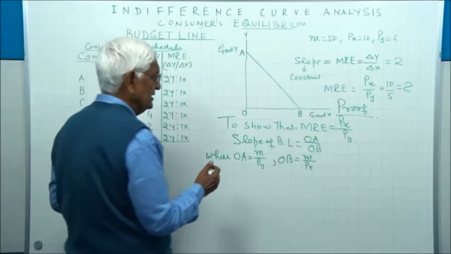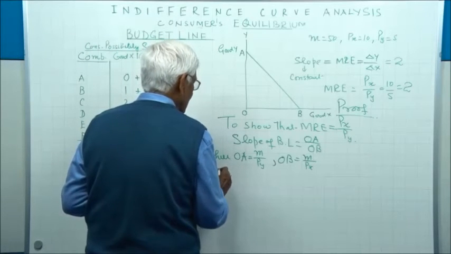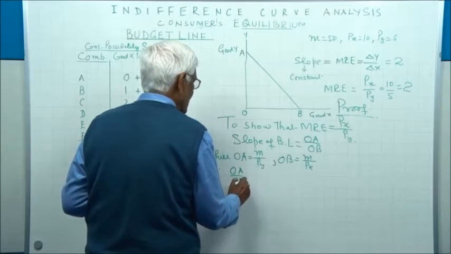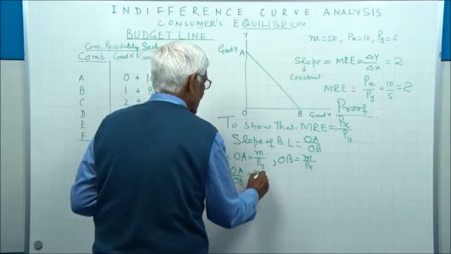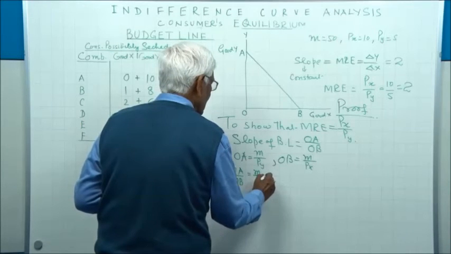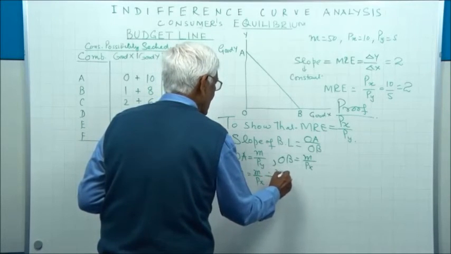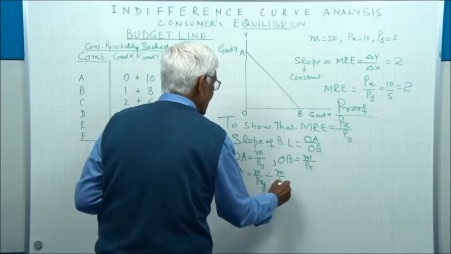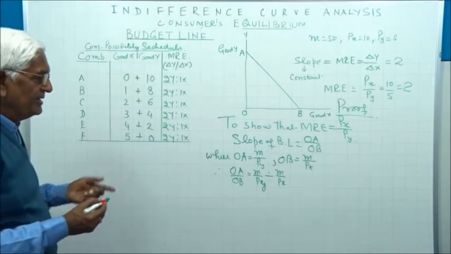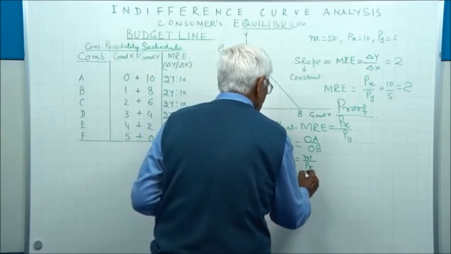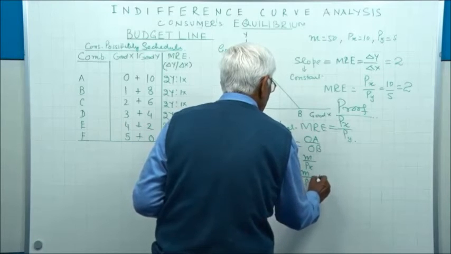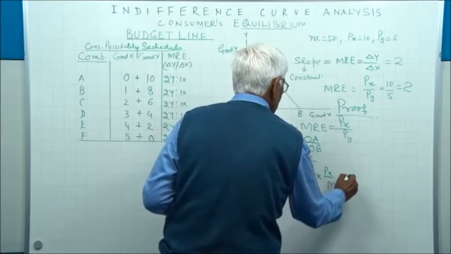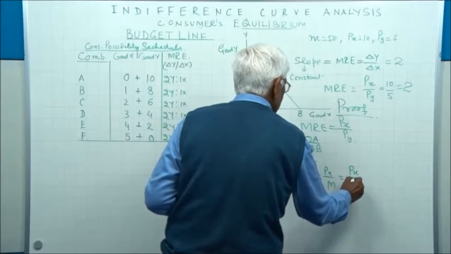Now, proceeding further, therefore you can say OA upon OB is equal to M upon PY divided by M upon PX. Solve it. It will be equal to M upon PY multiplied by PX upon M is equal to PX upon PY.